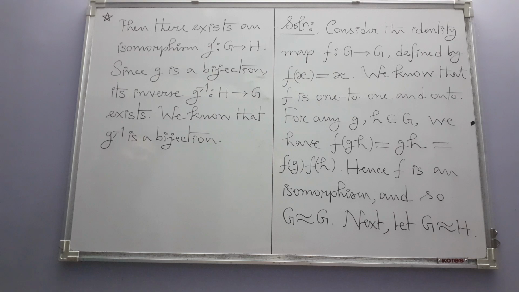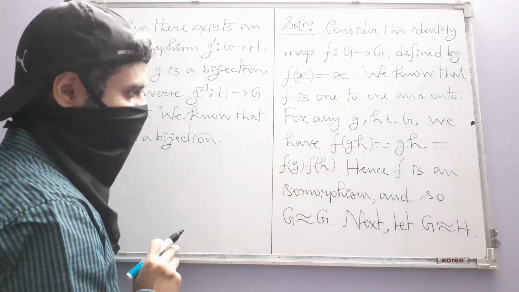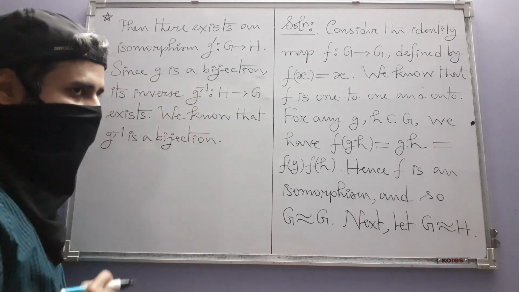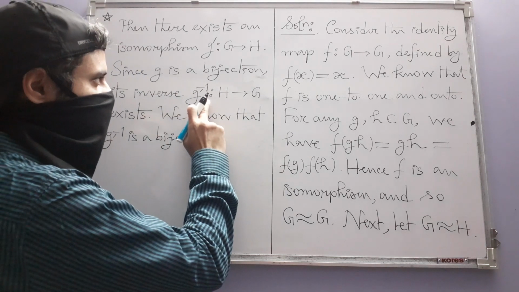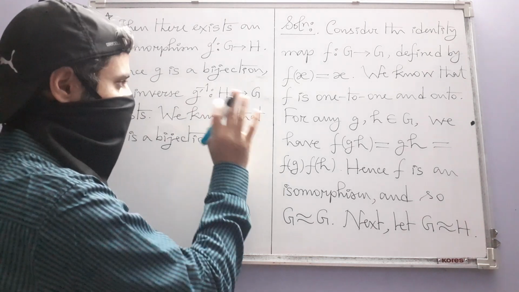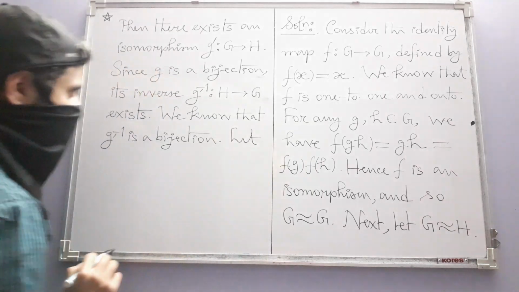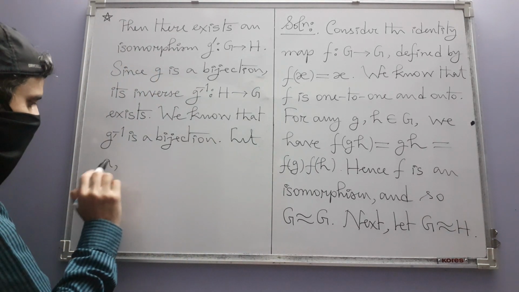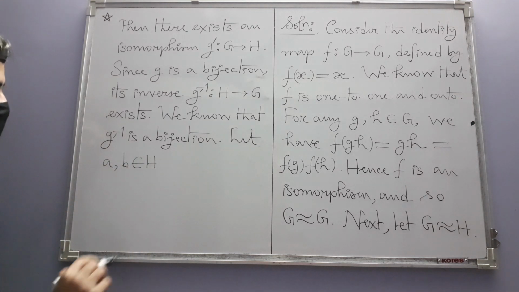Now we have to verify this condition for the map g prime inverse. So keeping in mind that the domain of the map g prime inverse is H, the group H and not G, we are going to consider two elements, say a and b in H.